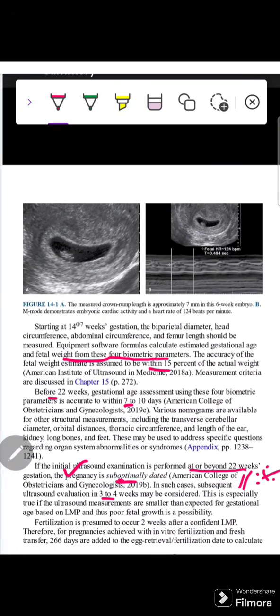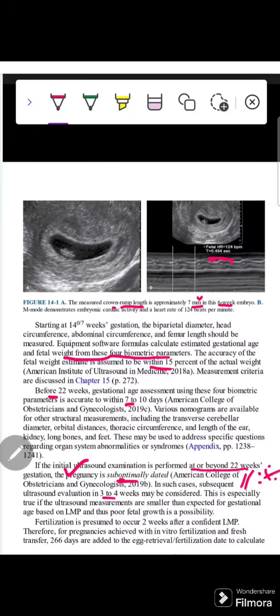They have also shown an image where they are calculating the crown rump length, approximately measuring 7 mm in a 6-week embryo, and this is the fetal heart rate calculated using the M mode.